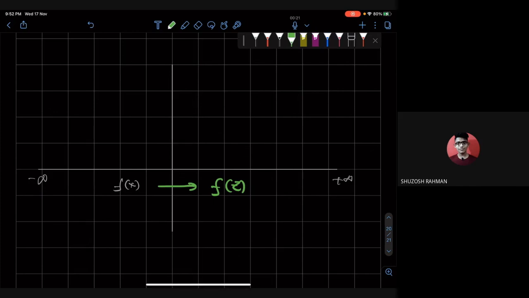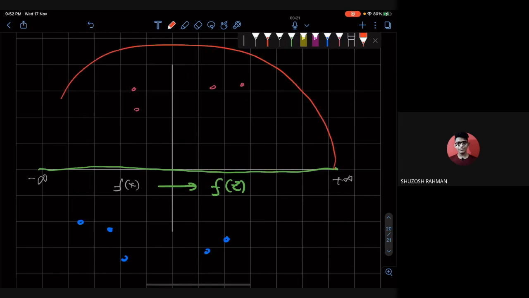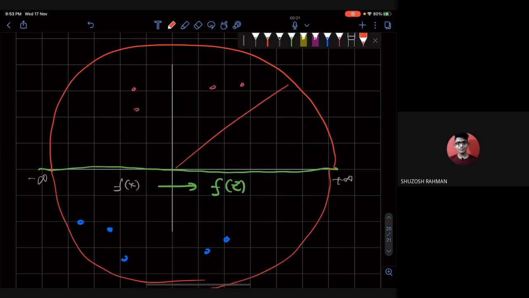And you will find that this function has some poles in the upper half plane as well as some poles in the lower half plane. And you will find that either the upper contour, when you close the upper contour, or the lower contour, goes to 0 as r goes to infinity. Suppose it's the upper one that goes to 0.